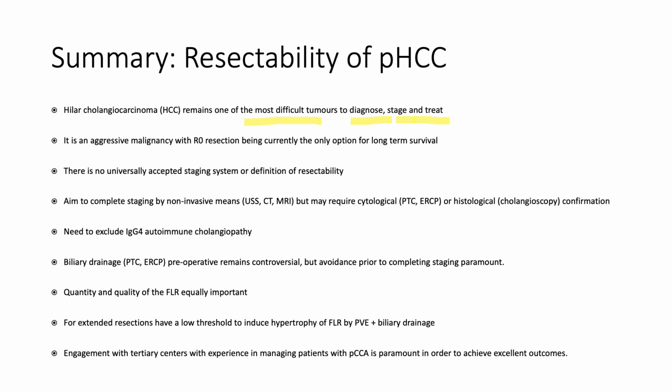It's not only the quantity, but the quality of the future liver remnant that is important. For extended resections, have a low threshold to induce hypertrophy of the future liver remnant by portal vein embolization and biliary drainage if your remnant is less than 30%. Engagement with tertiary centres with experience in managing these patients is paramount if one is going to try and achieve excellent outcomes.